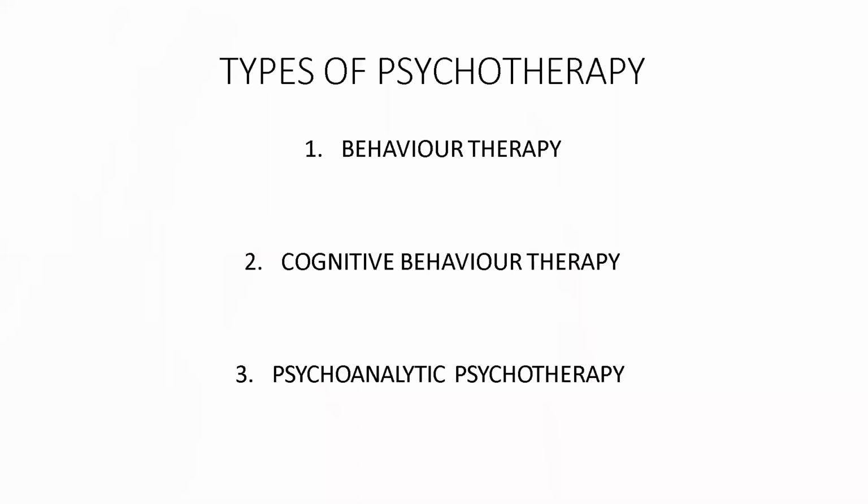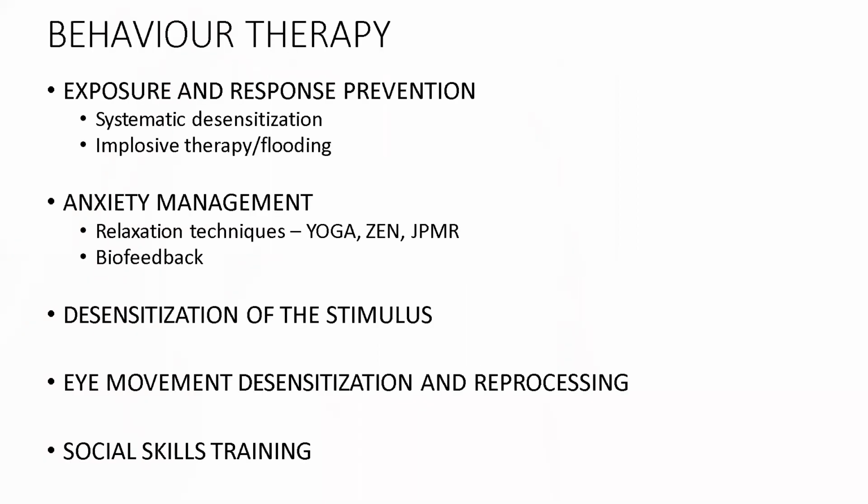There are many psychotherapies nowadays, but very importantly, they are classified into three main types: behavior therapy, cognitive behavioral therapy, and psychoanalytic psychotherapy. These are the three main classifications we study for psychotherapy of anxiety disorders.